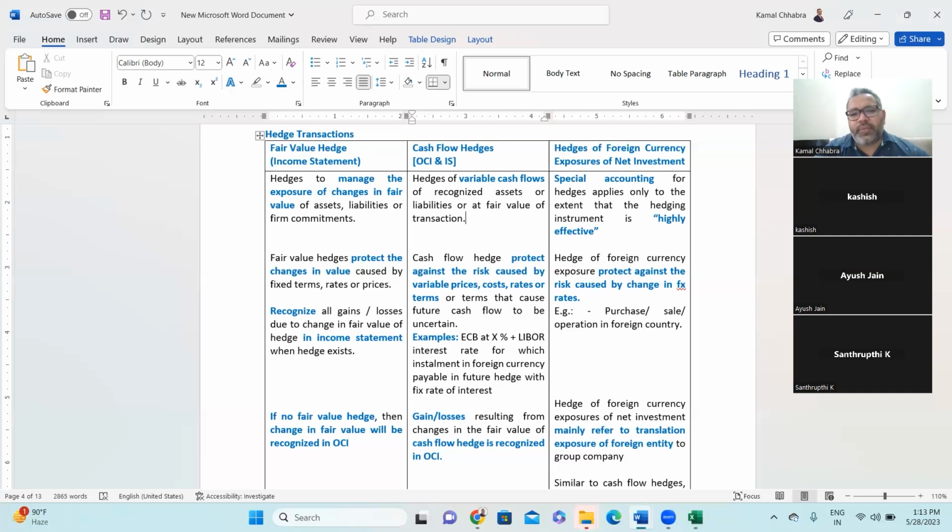Right? For that, if you see the second paragraph, cash flow hedge protects against the risk caused by variable pricing. That is variable pricing, cost, rate, or terms that cause future cash flow to be uncertain. So cash flow hedge helps you protect against the risk of future cash outflows.